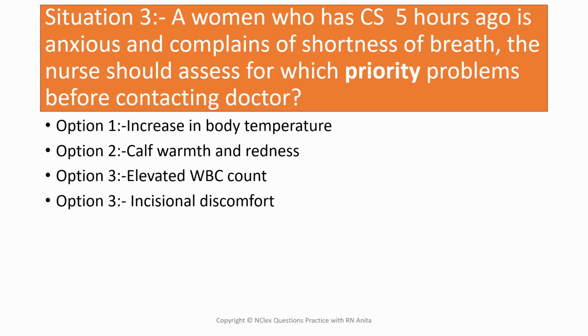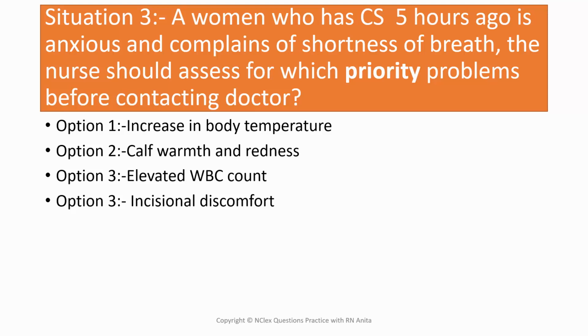Now, situation 3. A woman who had a CS 5 hours ago is anxious and complains of shortness of breath. The nurse should assess for which priority problem before contacting the doctor. So this is a priority question.